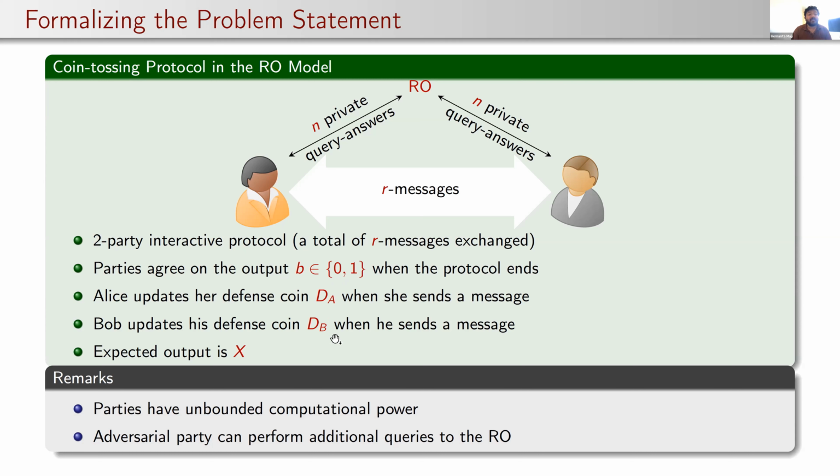If Alice aborts, then Bob outputs his defense bit DB. And these defense bits are updated only when parties are preparing next messages of the protocol. And X will again represent the expected output of this protocol.